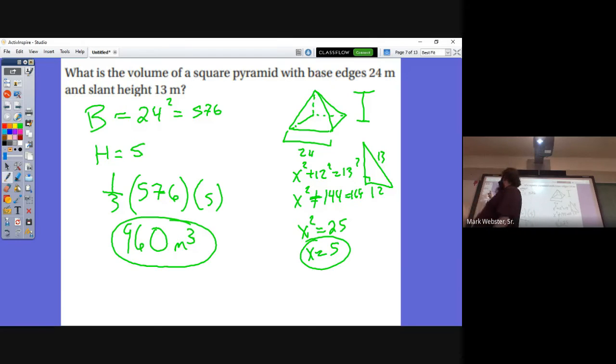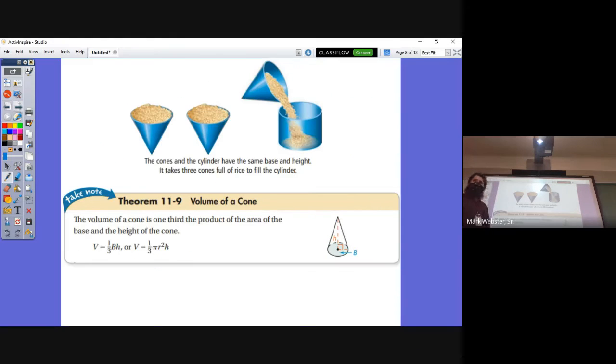So the book decides that, yeah, here's where the picture is. These 3 cones of rice will fit the cylinder that has the same base and the same height. So imagine that, but in real life. So much cooler, right? And again, they're going to try and give you this extra little formula, 1/3 pi r squared h.